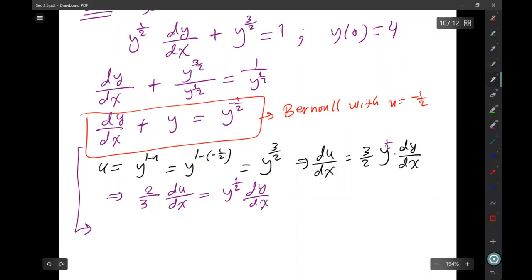Now for this equation here, divide both sides by y to the power minus half.